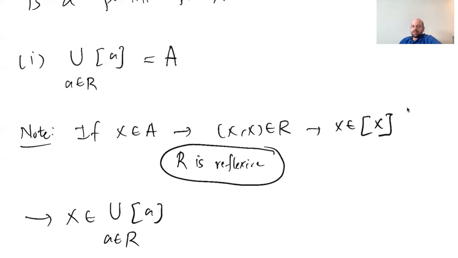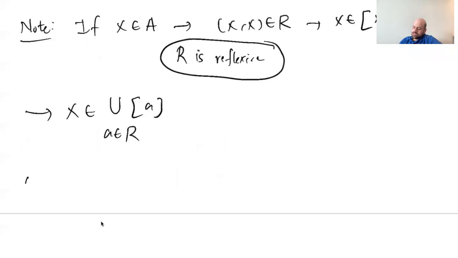So every element in A that you consider, I want to show that it's in one of the equivalence classes. x will be in which one of the equivalence classes? x is in relation with itself because R is an equivalence relation, therefore it's reflexive, and therefore x is in the equivalence class of x. So x is in one of the equivalence classes and therefore is in the union of all of them as well.